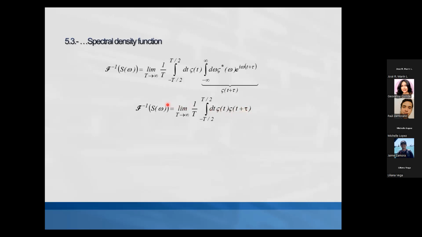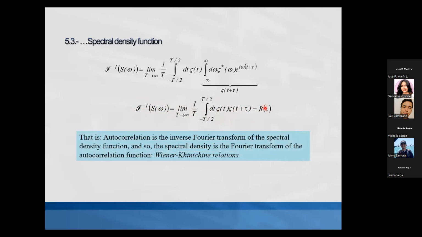So the inverse of the spectral density function is equal to the autocorrelation function. And of course, you can go in the other direction: the Fourier transform of the autocorrelation is the spectral density. These two relations are what we call the Wiener-Khinchin relations.